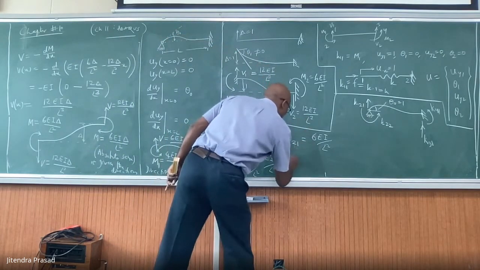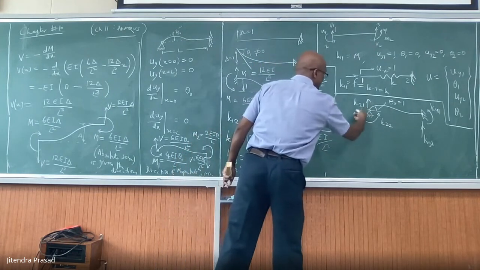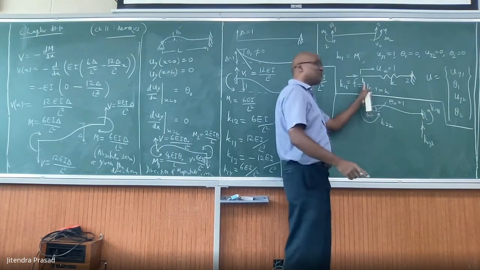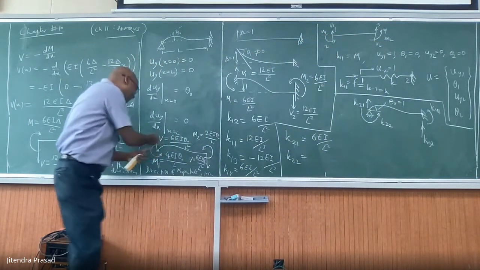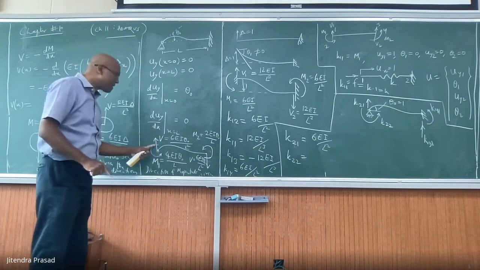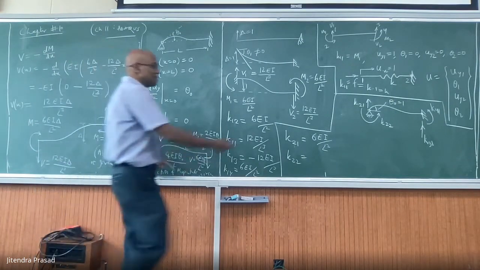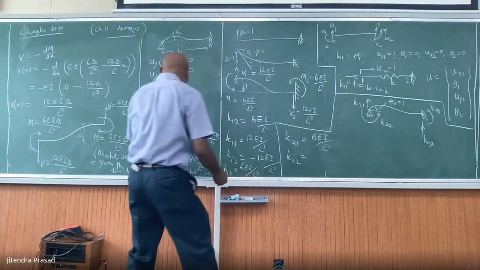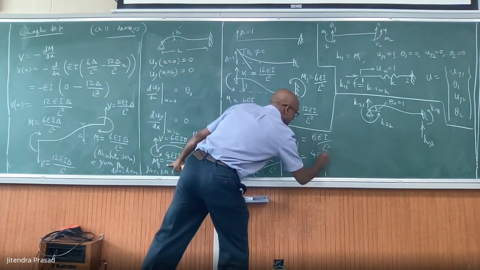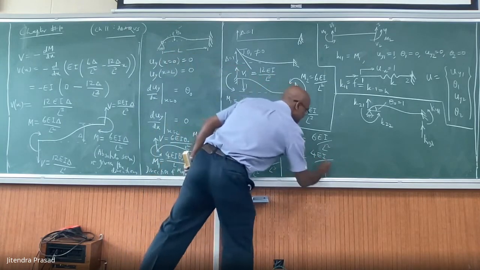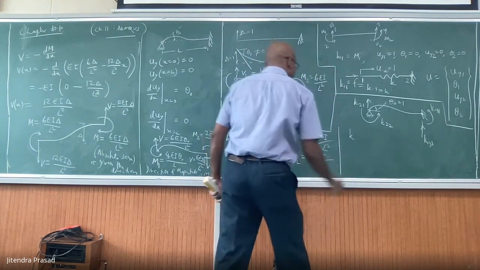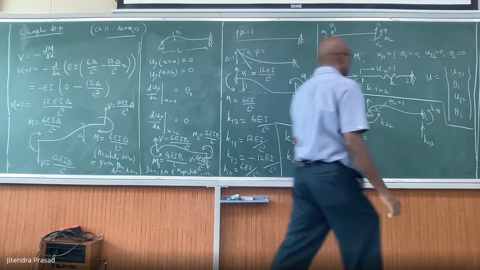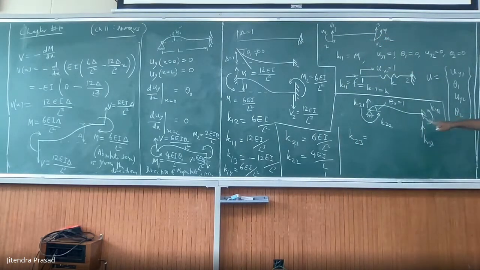Now K22 is, this is our positive sense, as you know, like upward positive, anticlockwise is positive. So to that we have to match the actual direction. Here, this is anticlockwise positive, so we get exactly same value. So you get 4 EI over L. Similarly, K23, sorry, here we did some mistake. So this will be 24.